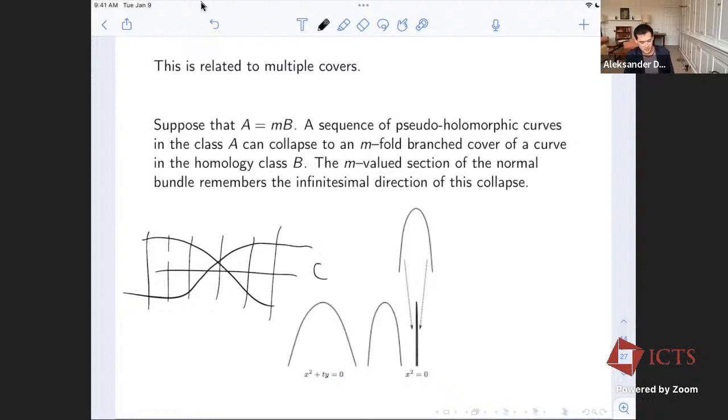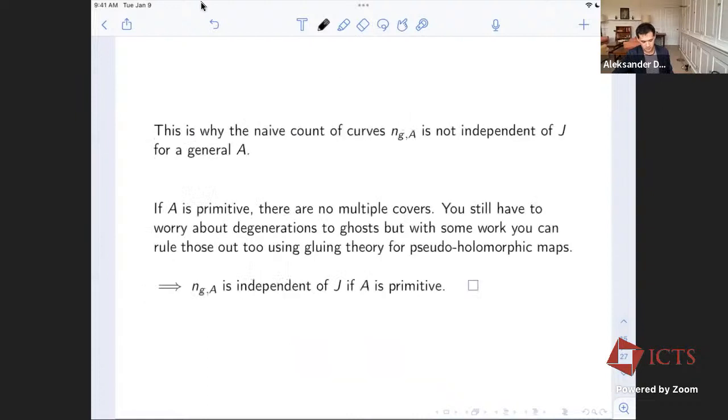So this m-valued section remembers the infinitesimal direction from which the collapse happens. In this picture, m is 2. Essentially, what I said is that if the class is primitive, that doesn't happen, therefore you get an invariant.